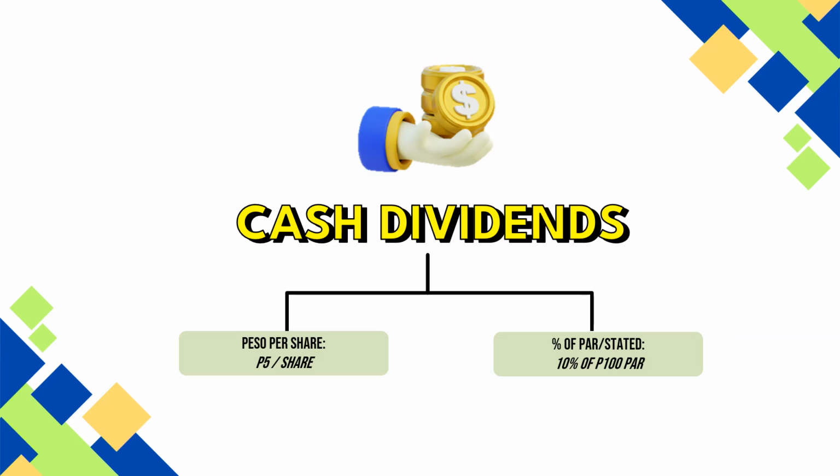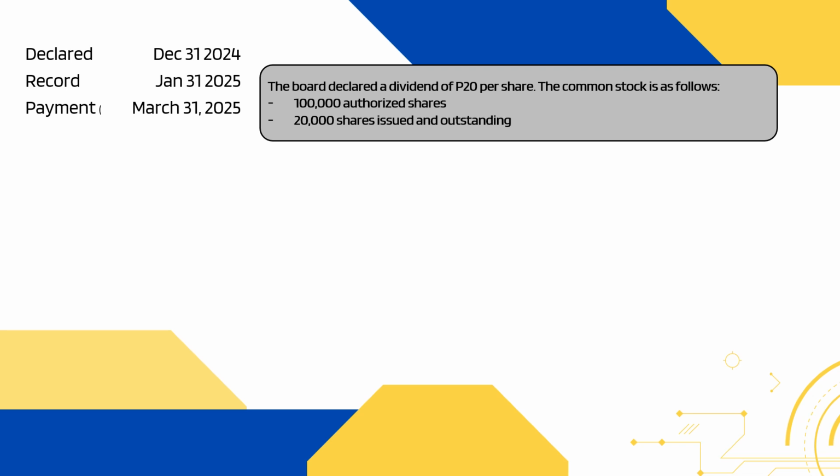So, let's look at an example. For cash dividends, you have 2 types, peso per share or percentage of par. It's very intuitive. Pero, let's look at this example. Nag-declare ka ng dividends December 31, nag-record ka Jan 31, and pay ka ng March 31. So, how will we go about it? Sa declaration date, it said na there are 20,000 shares issued and outstanding.